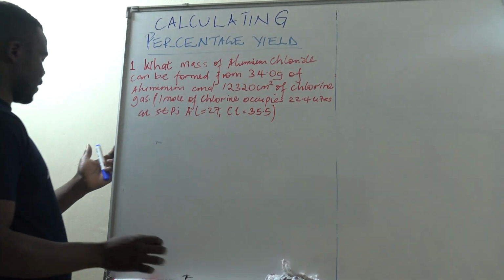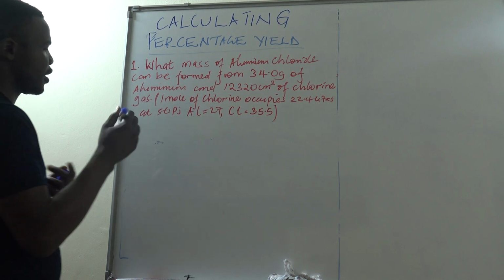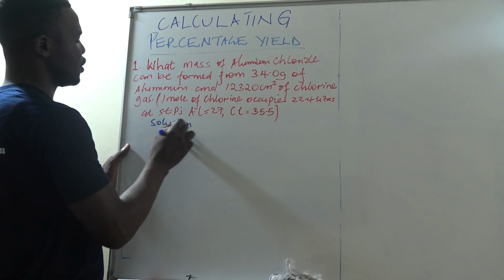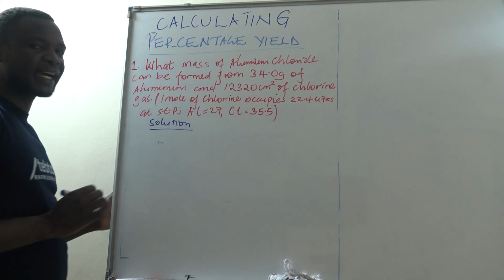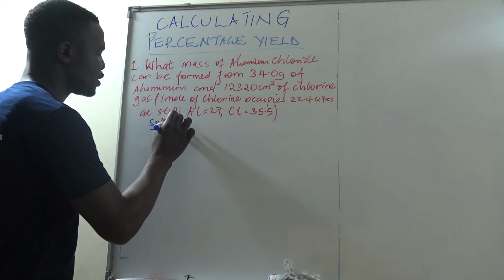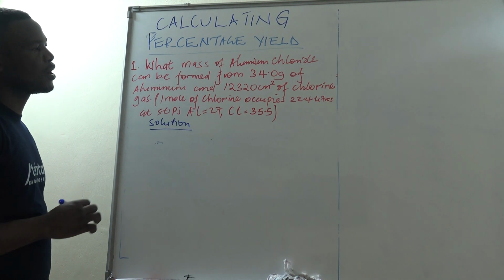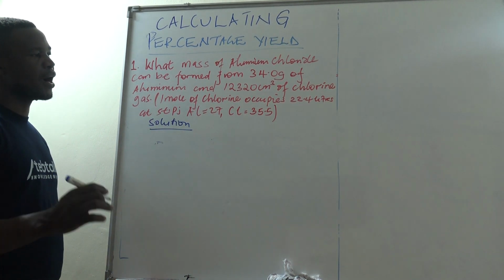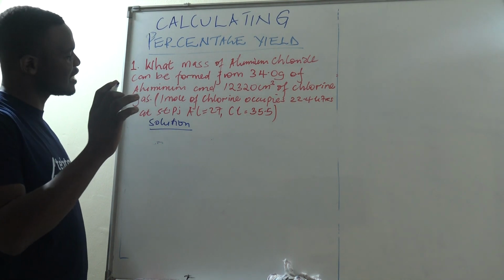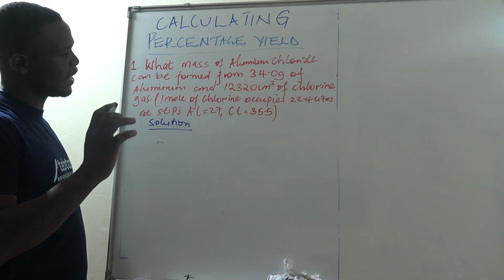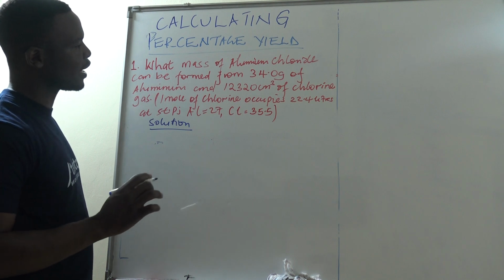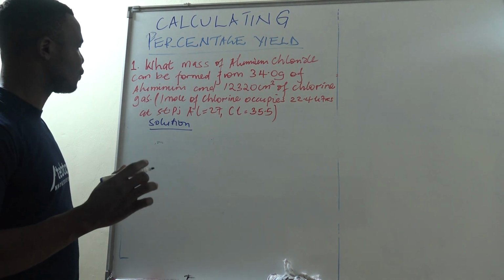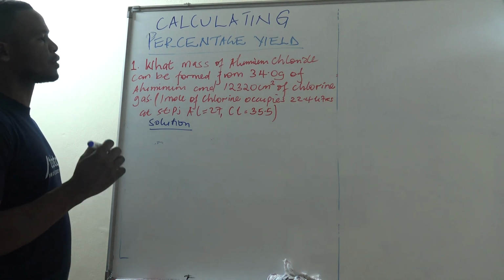Now we are saying the first step is determining the limiting reactant. But the question is, how do we determine the limiting reactant? We determine the limiting reactant from that reactant that has the least number of moles, and that's what we use to calculate the amount of product that is produced.